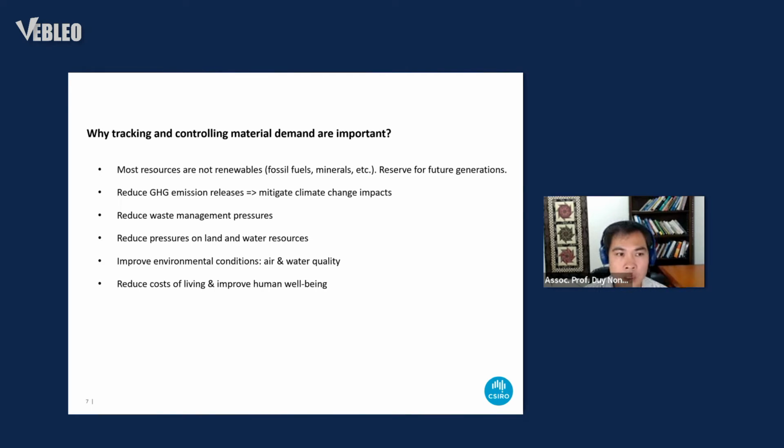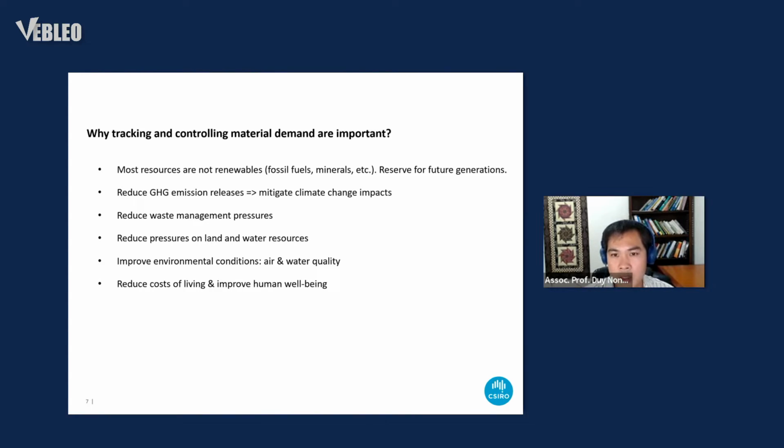First of all, most resources are not renewable. For example, with fossil fuel and minerals, we burn coal and we lose it permanently. So if we can control and reduce the material demand, we can keep the resources for our future generations, our children, grandchildren, and great grandchildren.